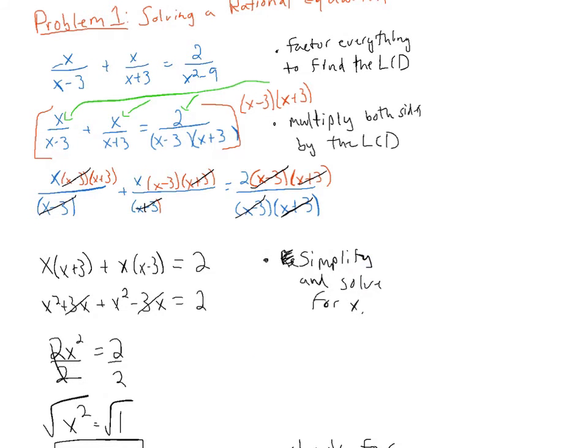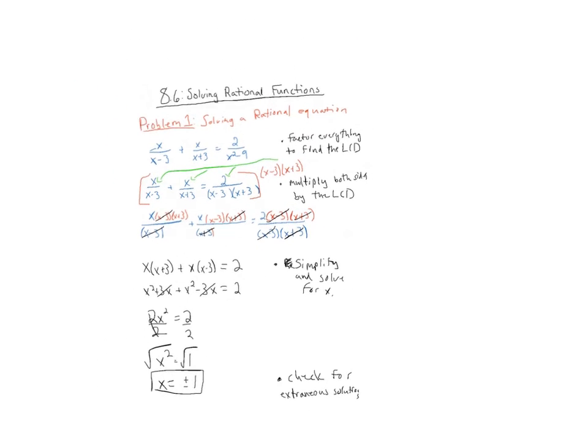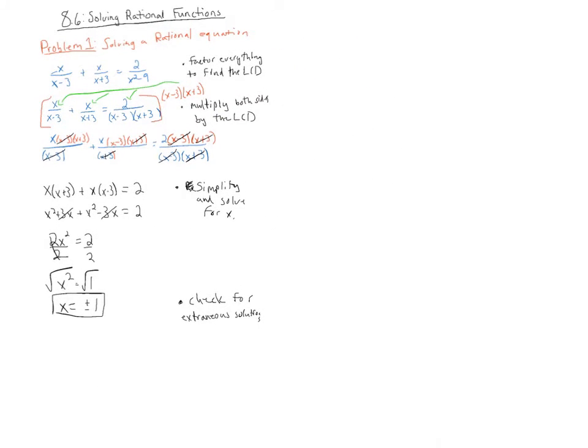So I'm going to check it out real quick. So there's our problem. And first let's put in positive 1. So if we put in a positive 1 into this function, we would get 1 over 1 minus 3 plus 1 over 1 plus 3 is equal to 2 over 1 squared minus 9.